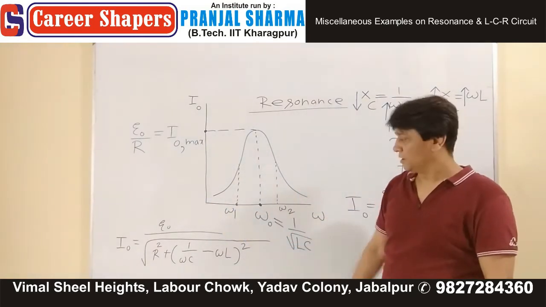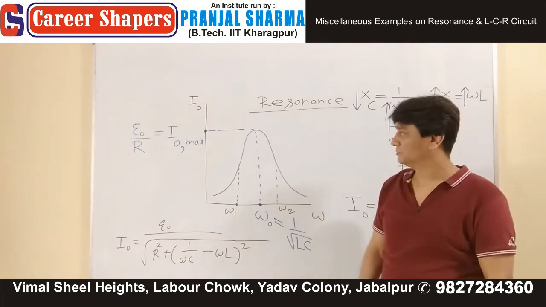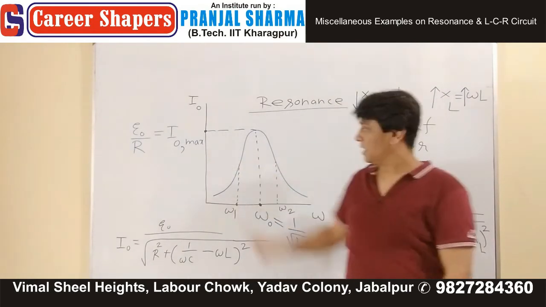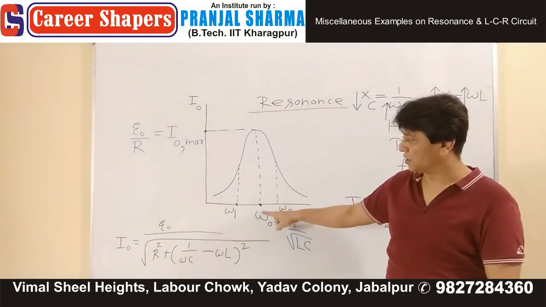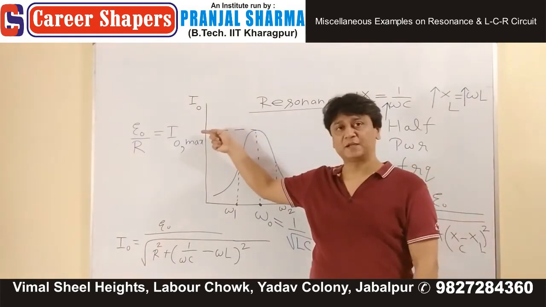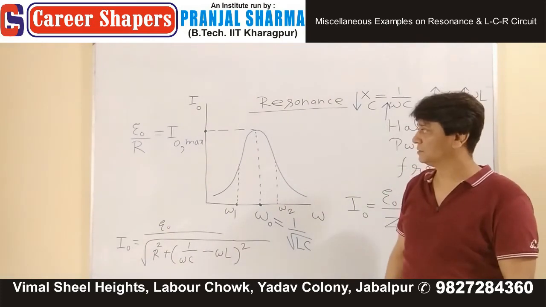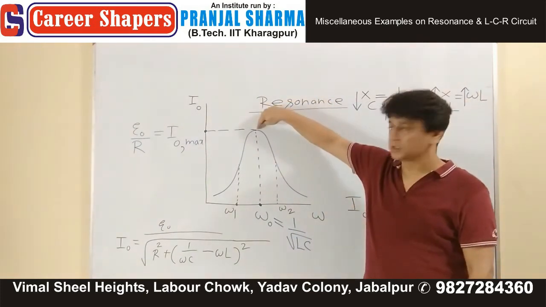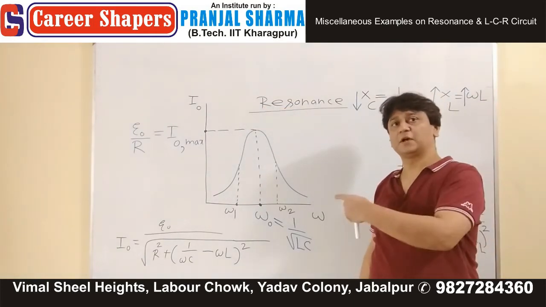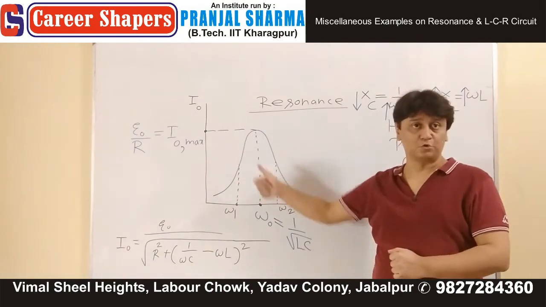Negative. But the square part makes both those things the same, and therefore you get the same peak current. At omega naught, which is 1 upon root LC, your current becomes maximum, which is called what? Resonance. Right at this point, power consumption in the circuit is maximum, which was E naught square upon 2R.